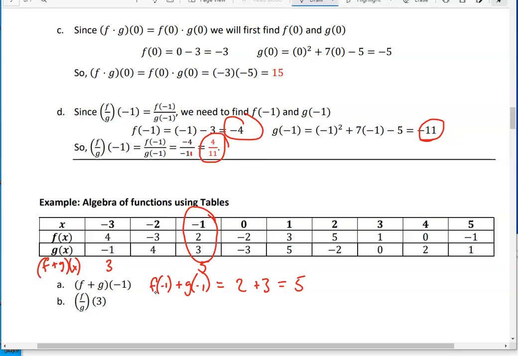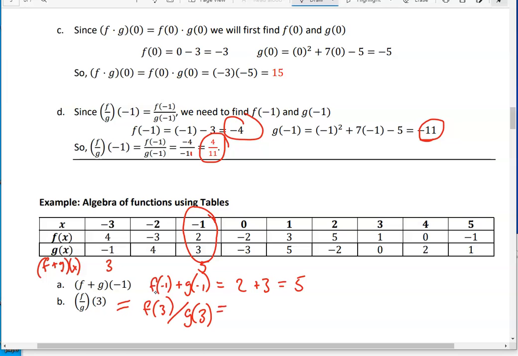How about f divided by g at 3? What would I do? I have to find where x is equal to 3. So that is equal to f of 3 divided by g of 3. When you see that, automatically think to yourself, that's f of 3 divided by g of 3.